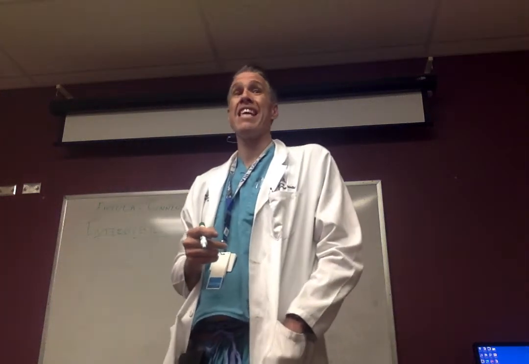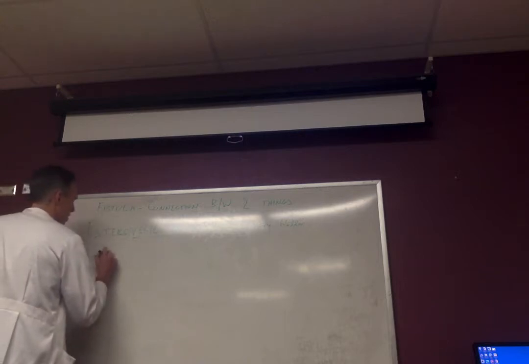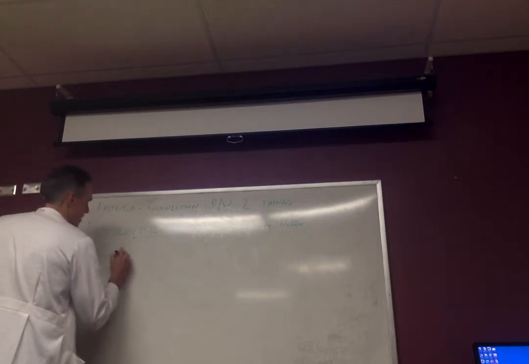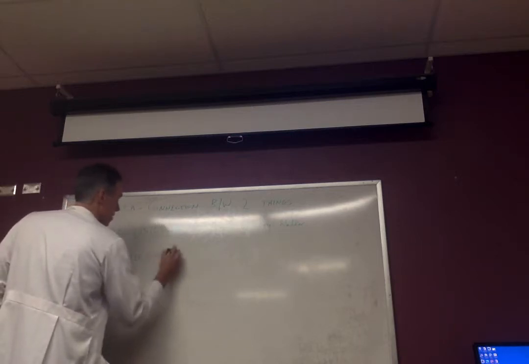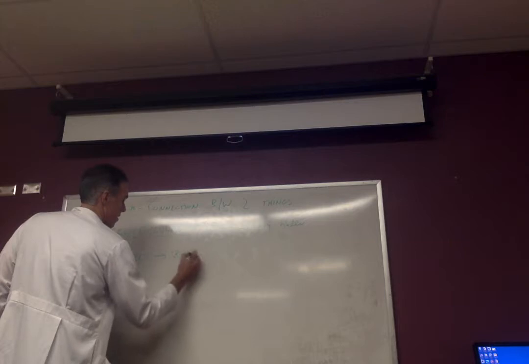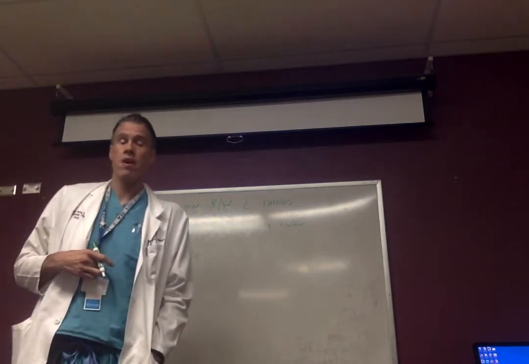What's more common than an enterovesicular fistula? Isn't there also entero-entero? And what kind of fistula is that? We would call that enteric, and that's small bowel to small bowel. So those could be a big deal. What if you have proximal jejunum to distal ileum?